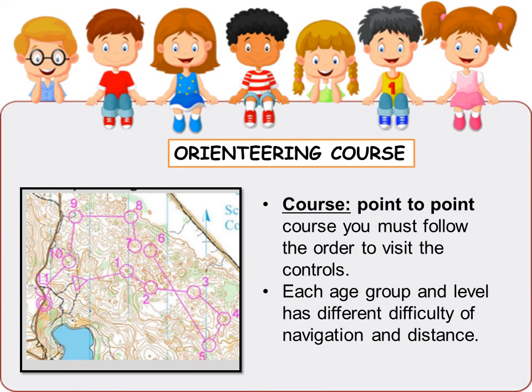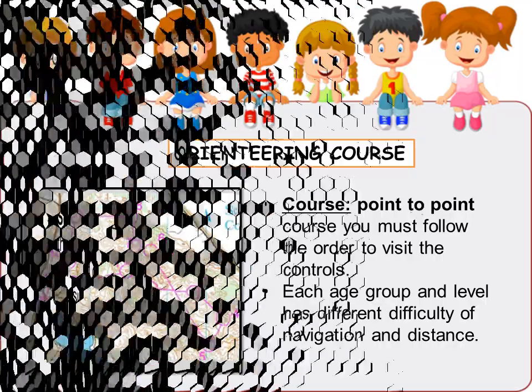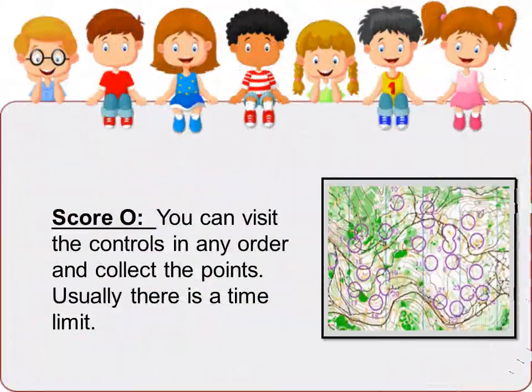A point-to-point course means you must follow the order to visit the controls. Each age group and level has different difficulty of navigation and distance. In a score course, you can visit the controls in any order and collect points. Usually, there is a time limit.